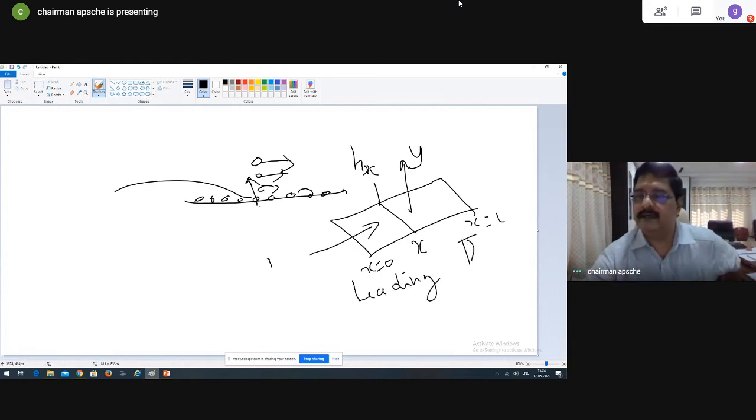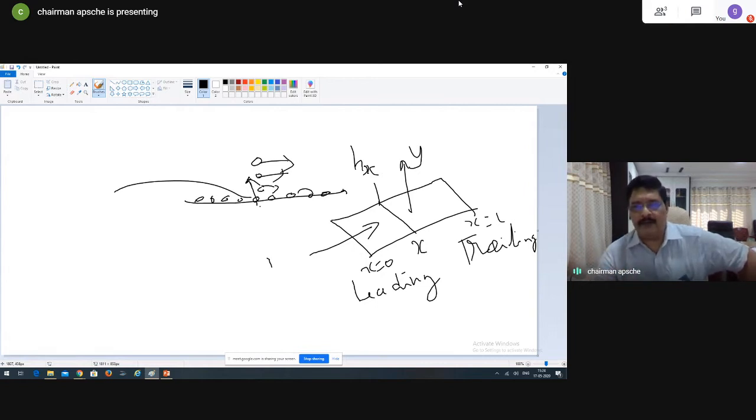This is the trailing edge. So from the leading edge, at various x distances, the local heat transfer coefficient at any given x will be different. So it varies with x.